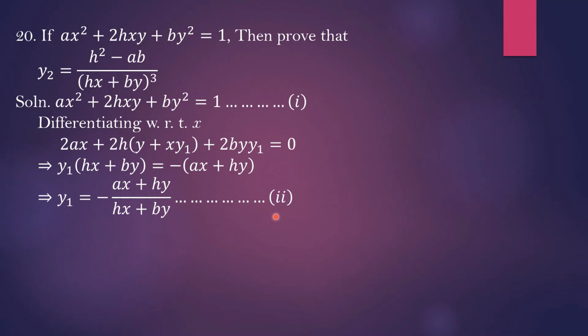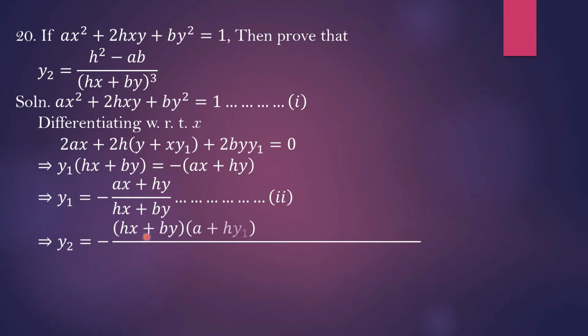Mark it as equation 2. We need this one in future. Then find y2, which is equal to minus, remaining same, then denominator into derivative of the numerator. That is, the derivative of ax is a, plus h remaining same because it is a constant number, and the derivative of y is y1, meaning dy/dx actually.